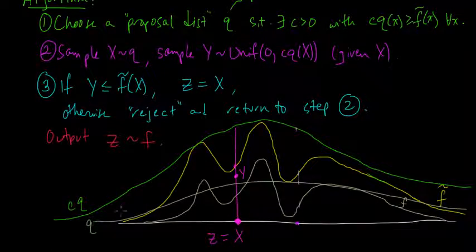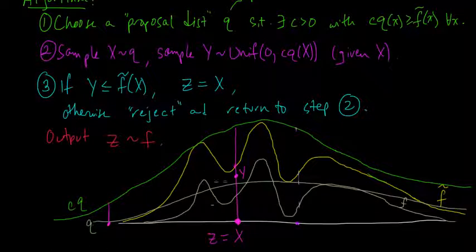I hope the intuition is clear. The basic idea is that we're drawing proposals from this proposal distribution, and then we have a random criterion for rejecting. That criterion is more likely to accept when the true distribution is large, and less likely to accept when the true distribution, represented through f tilde, is small. So if x landed out here, f tilde would be very small and we'd be almost certain to reject.